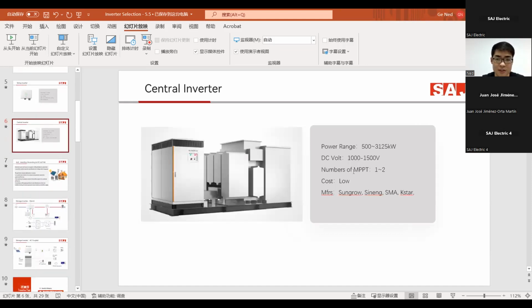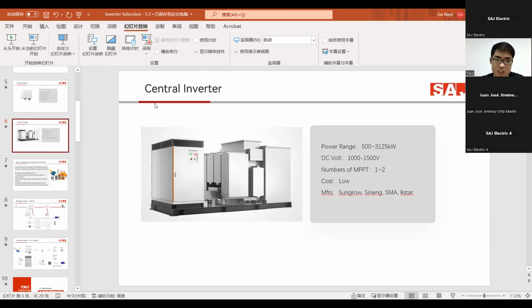The last one is the central inverter, only used in big C&I projects and large-scale solar projects. The power range is about 500 to 3,000 kilowatt. The DC voltage is also very high, but it does not have enough MPPTs if you have too many shading areas. But the cost is very low.